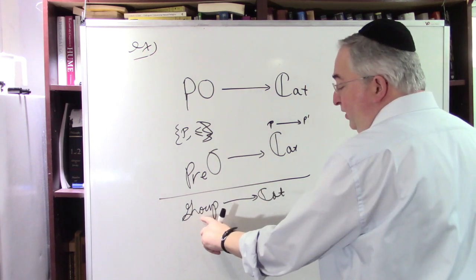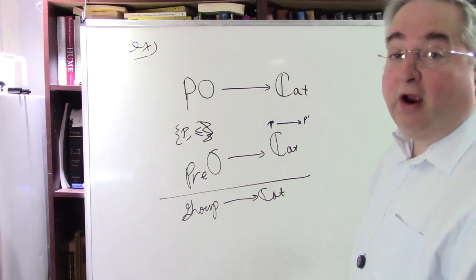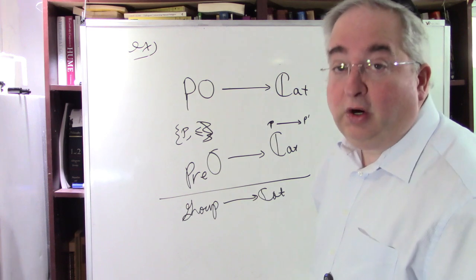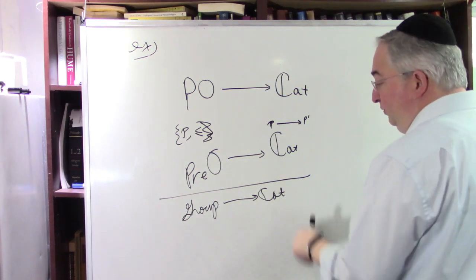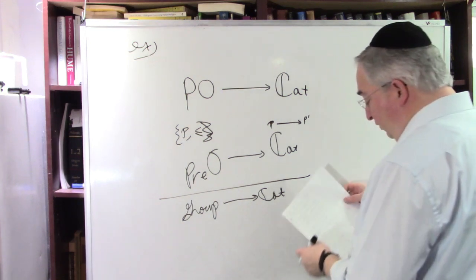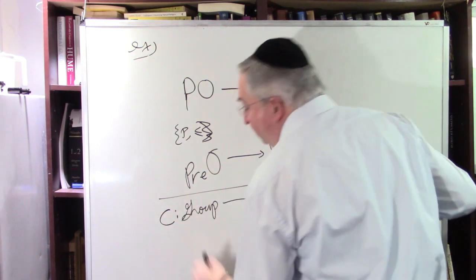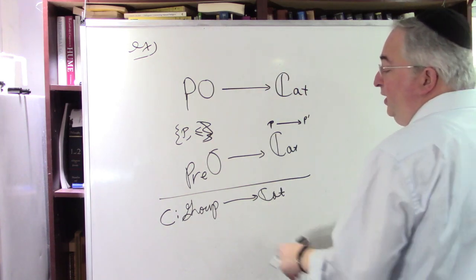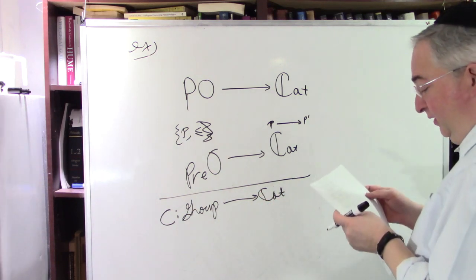Take a group, think of it as a one-object category where all the morphisms are invertible, are isomorphisms. If you want to remember the word, a one-object groupoid. So we get that. In the book I call it C. That's a functor that takes a group to the one-object category. And group homomorphisms go to nice functors, etc.